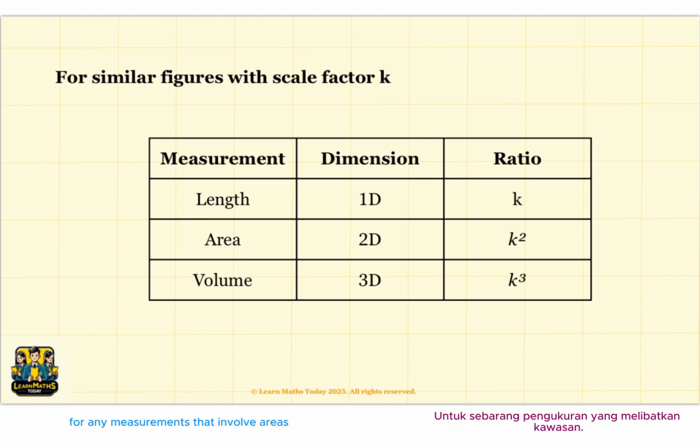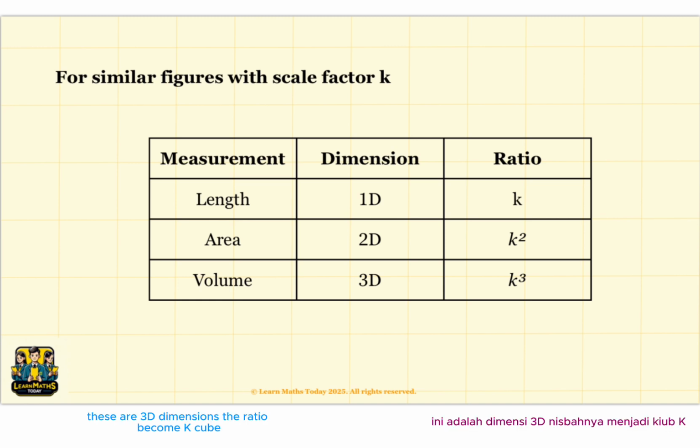For any measurements that involve area, like the surface of a rectangle, the area inside a circle, or the face of a triangle, these are two-dimensional measurements, and the ratio becomes k squared. For any measurements that involve volume, like the space inside a cube, the capacity of a sphere, or the amount a container can hold, these are 3D measurements. The ratio becomes k cubed, which is k by k by k.